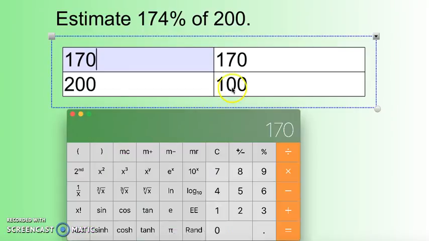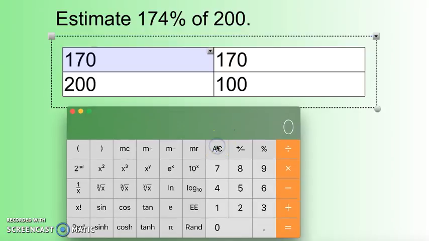Wait, that doesn't make sense. Let's try that again. I think I put it in wrong. 170 times 200 divided by 100. 340. That makes more sense.